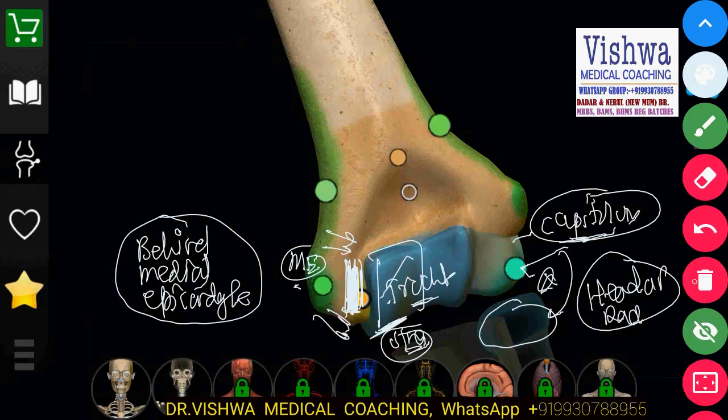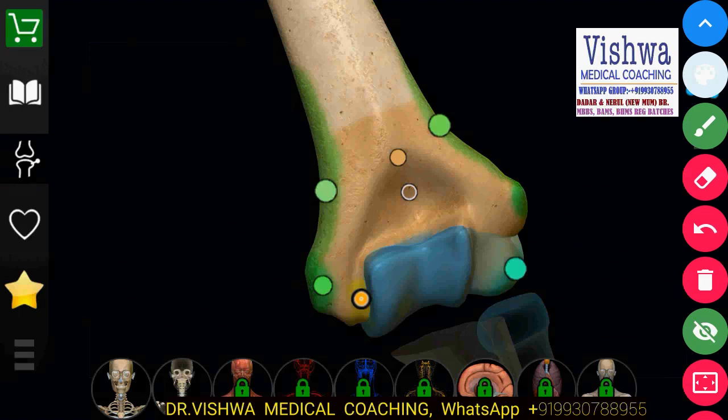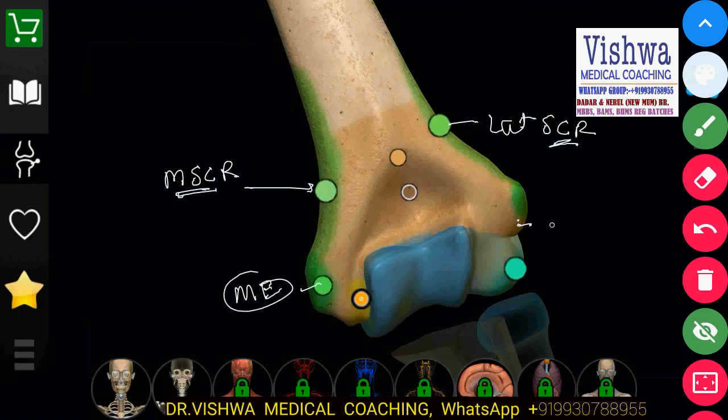Below the medial epicondyle. So let me repeat it again. What are the enumerations in this? This is the medial supracondylar ridge. This is the lateral supracondylar ridge. This is the medial epicondyle. This is the lateral epicondyle. This is the olecranon fossa.